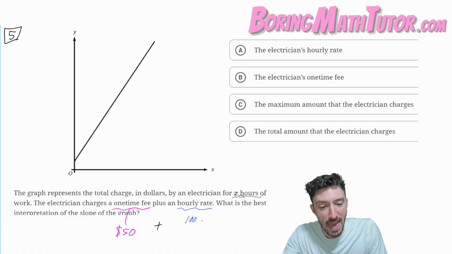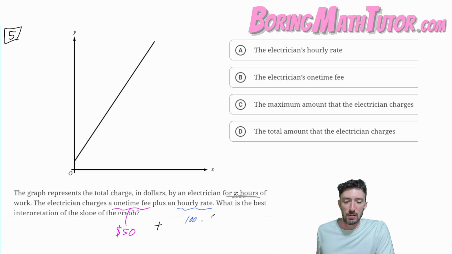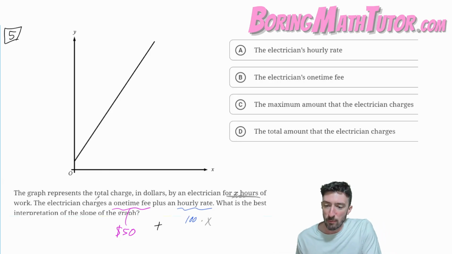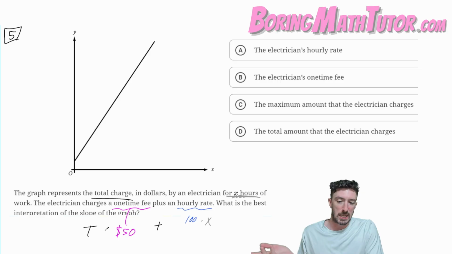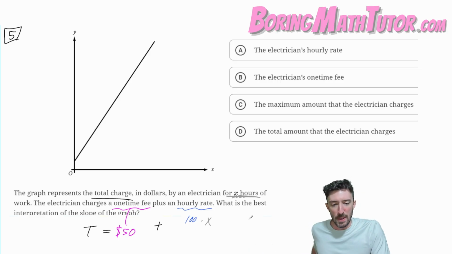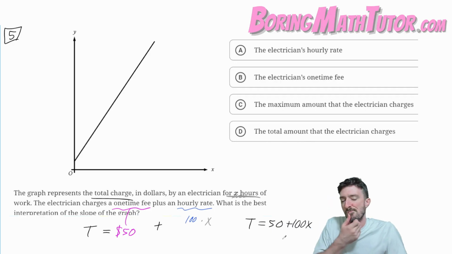They said X hours. So we're going to have to multiply the 100 by X. And that would get us the total charge. So I'll put T for total. So basically our equation is T equals 50 plus 100x.